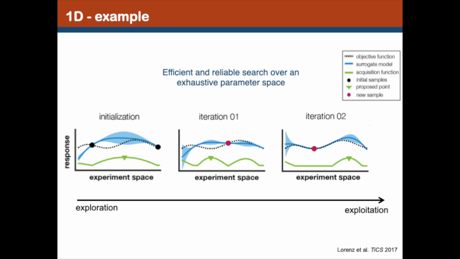This is a new proposed point by the acquisition function, and as you go through more and more iterations, you have a better idea of maximizing your objective function. So the idea is that this will be an efficient and reliable search over an exhaustive parameter space.